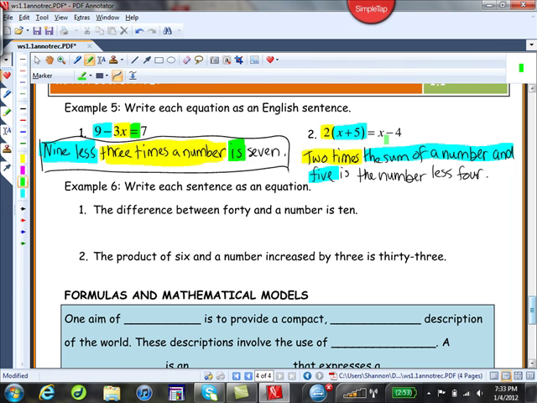Then of course, equals translates to is. And this last part, this color is a little dark. So this here, the number less 4 is that portion. So if you put all the pieces together, you get the end result.